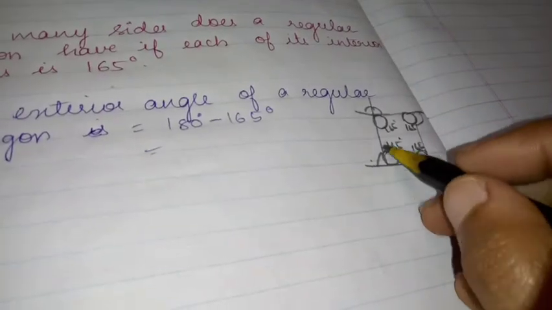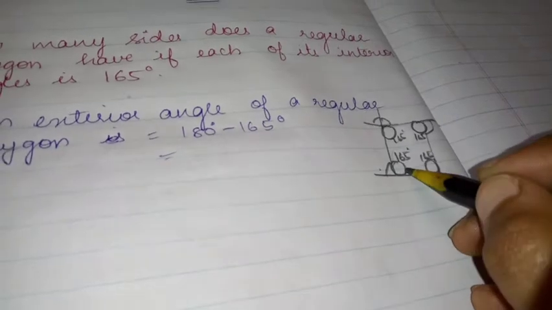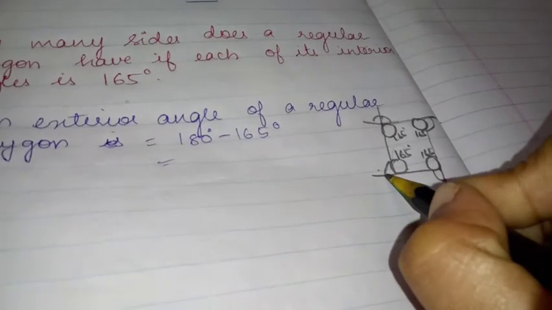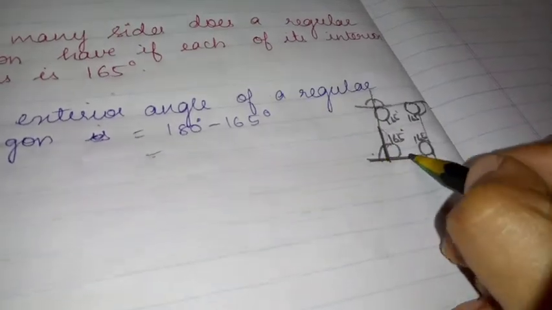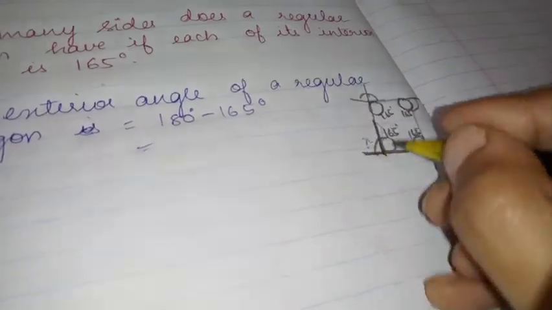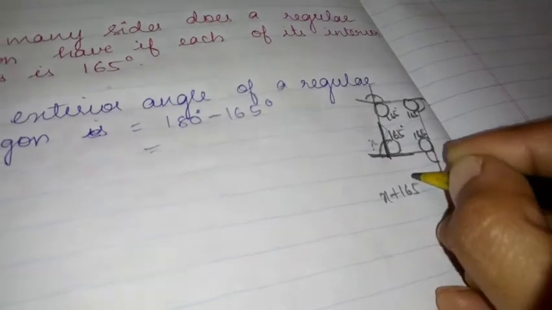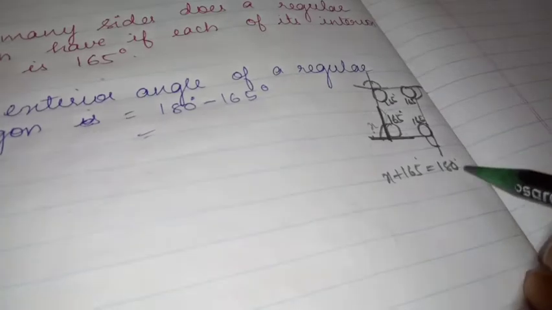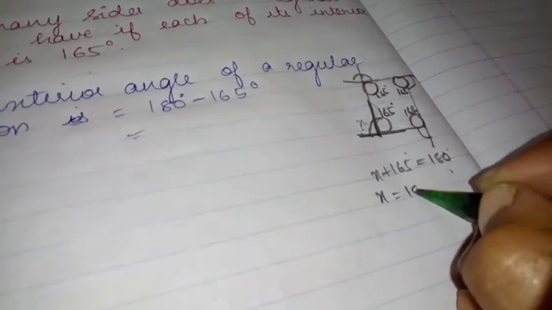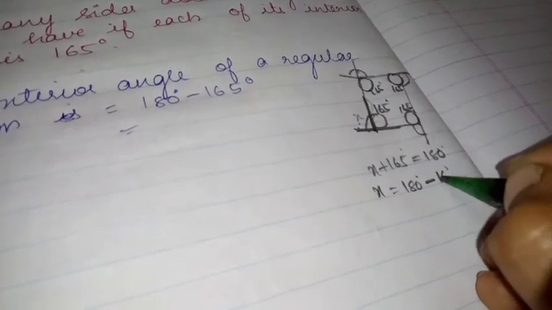So what is your interior angle? 165. If you want to find this exterior angle, these two are a linear pair, right? So this is x, which means x plus 165 is equal to 180. X is equal to 180 minus 165.